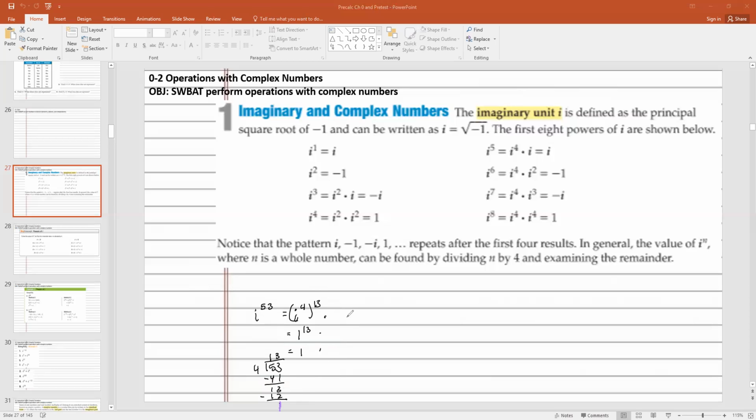And then we have i to the first power, because that's our remainder. Now, what is i to the first power? i to the first power is just i. So this one is equivalent to i. I guess I should put that on the notes.